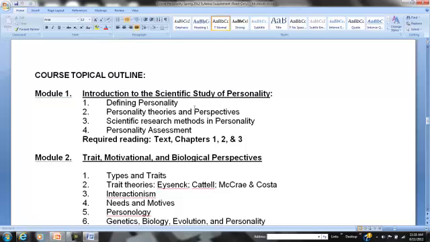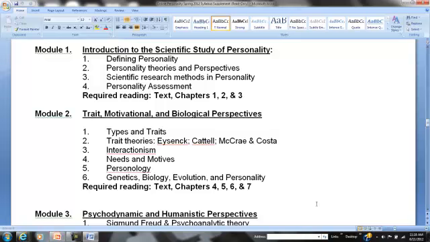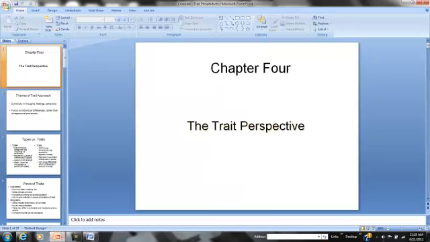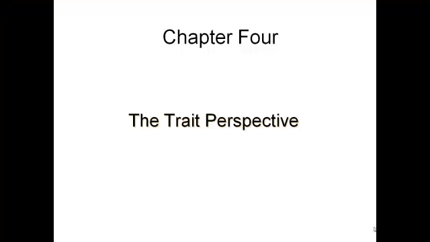We described the various scientific research methods that personality psychologists use, and we also talked about personality assessment. So now we are going to start on the trait perspective. It is chapter 4 of the textbook, and let's begin.